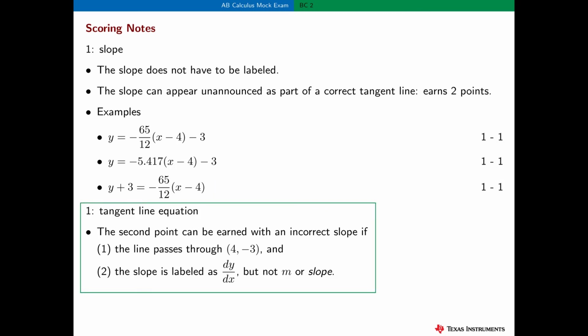If the student declares an incorrect value for the slope, they can still earn the second point if they present a line that passes through the point (4, -3), as long as the slope is labeled as dy/dx. They cannot leave the slope unlabeled in this case, or use m as a label.